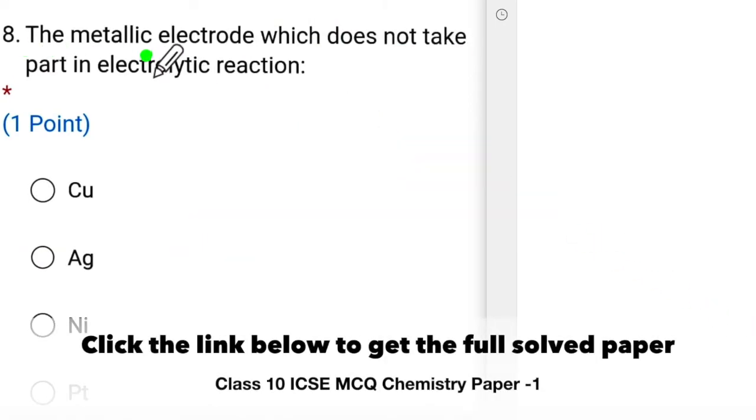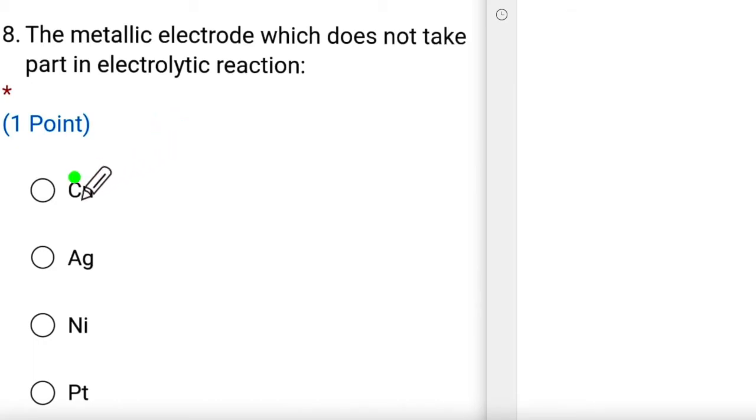Question number 8. The metallic electrode which does not take part in the electrolytic reaction. Now, copper will take part. Just now I showed you where copper sulfate was the electrolyte. Copper became active. Silver also will be active in silver plating. Nickel also will be active when it is electroplating with nickel on an article.